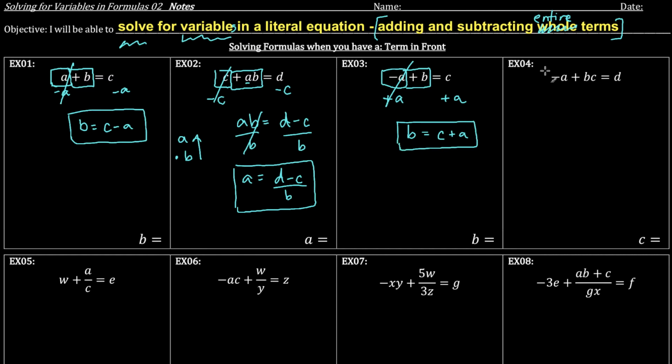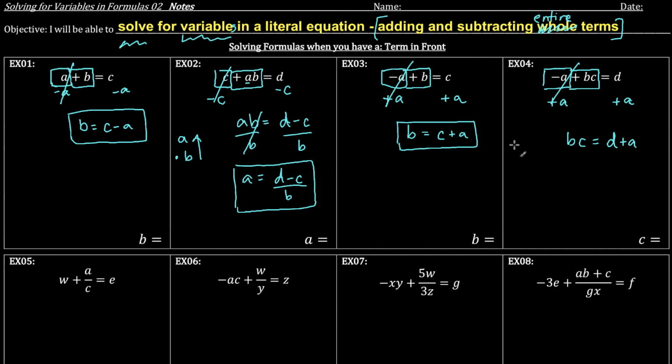Okay, in this example 4, let's go ahead and box our terms. We're looking for c, so we have to get rid of every other term first, the stuff that doesn't touch the c. So we get negative a plus a is 0, and then we get bc equals d plus a. Then we can start here.